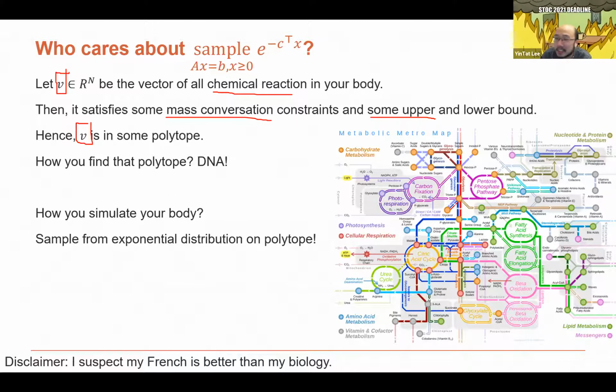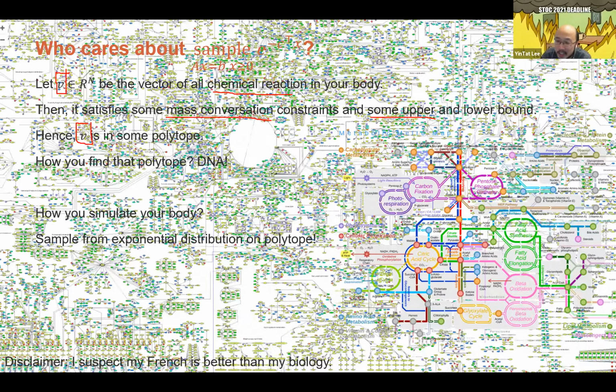And in reality, the picture looks more like this. In your body, there are many chemicals, and there are a lot of people using this to do different experiments on your body, but in a computer. So this is one application.